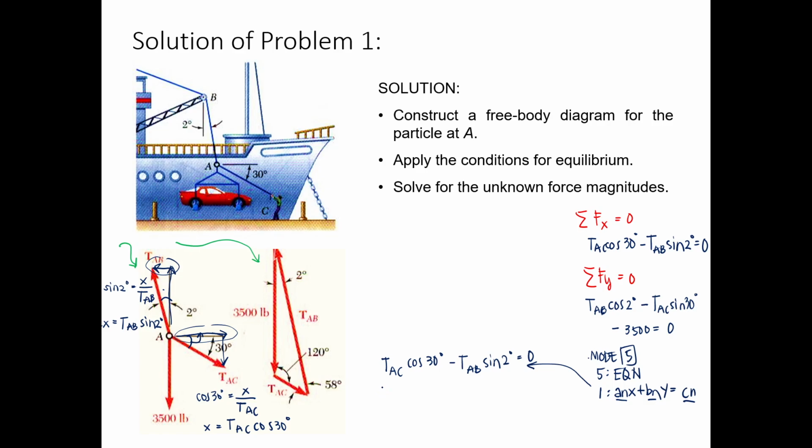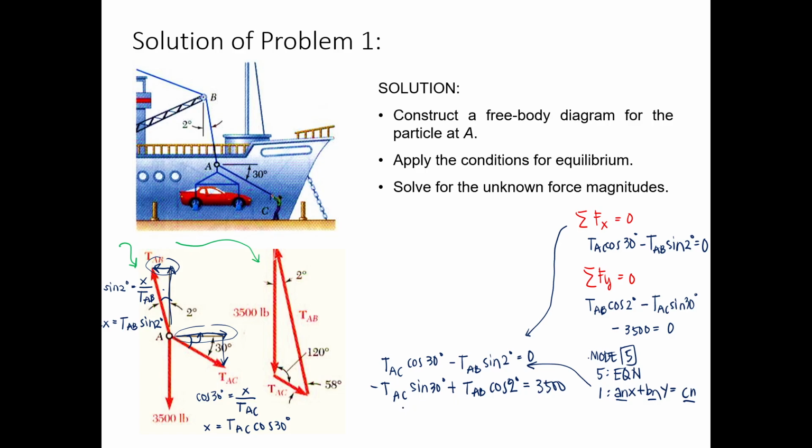Then for the other one, negative TAC sine 30 degrees, plus TAB cosine 2 degrees, and then we transfer the constant on the right side. So that's 3,500.